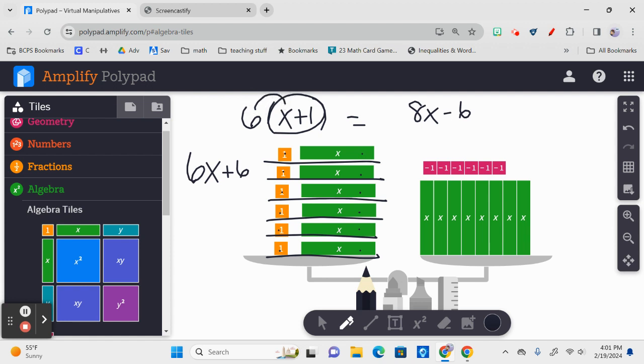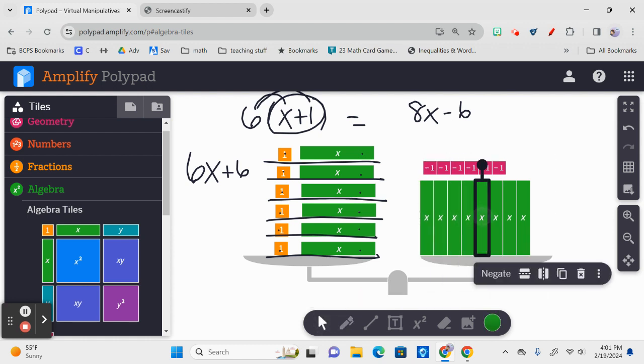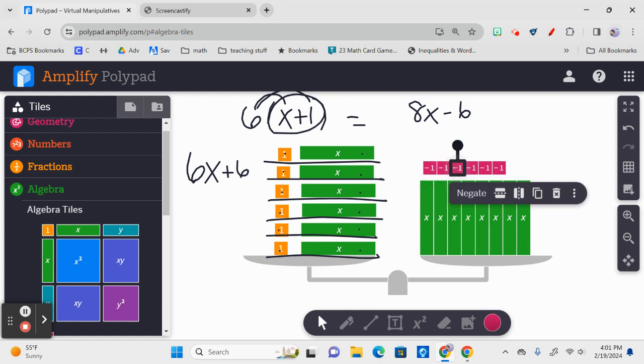That's the same thing you get if you distribute. Over here, I've got 8 x's and negative 6. So my goal, again, is to get all of my variables to one side and all of my constants to the other.